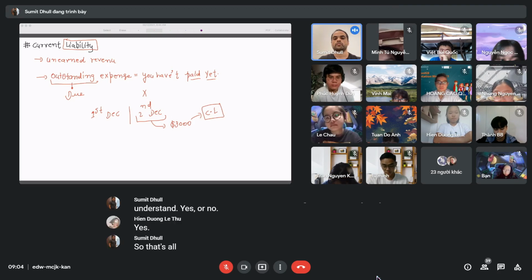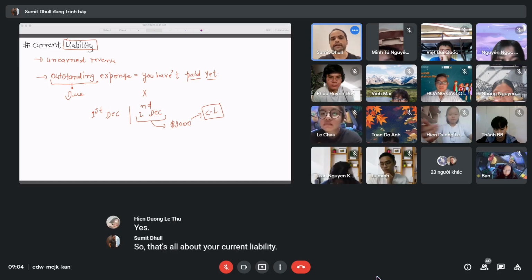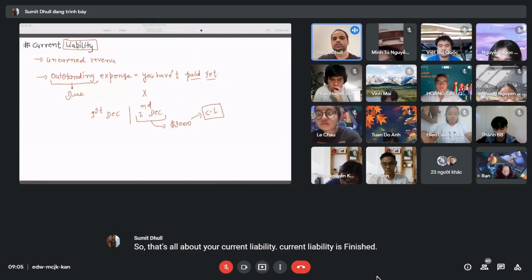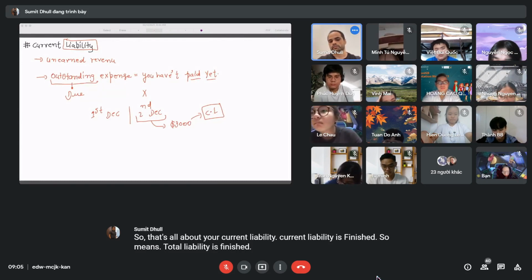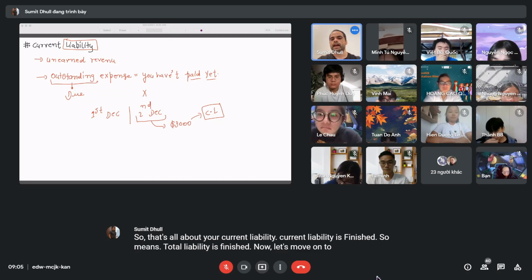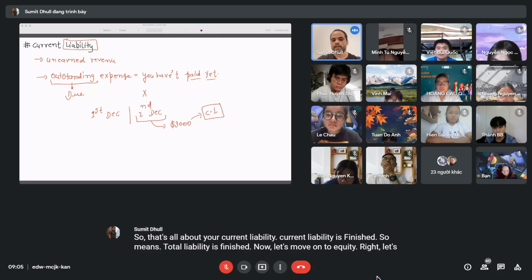So that's all about your current liability. Current liability is finished, which means total liability is finished. Now let's move on to equity. All right, let's talk about equity.